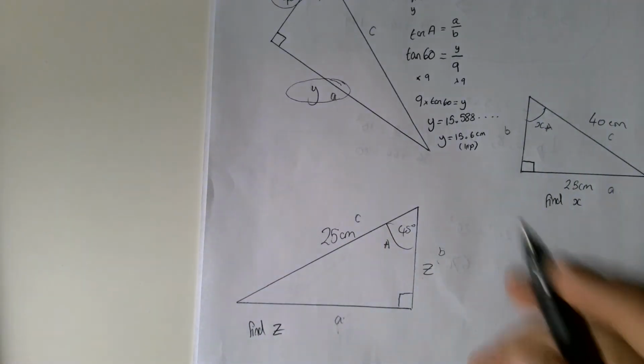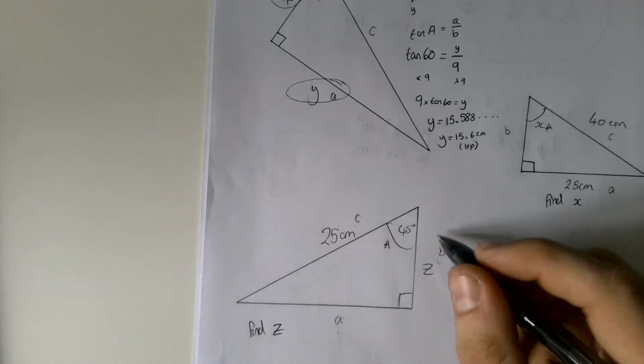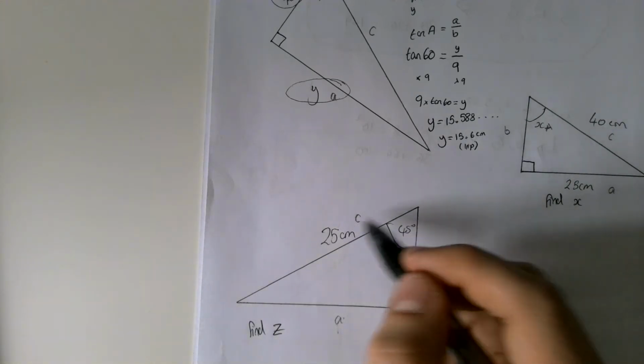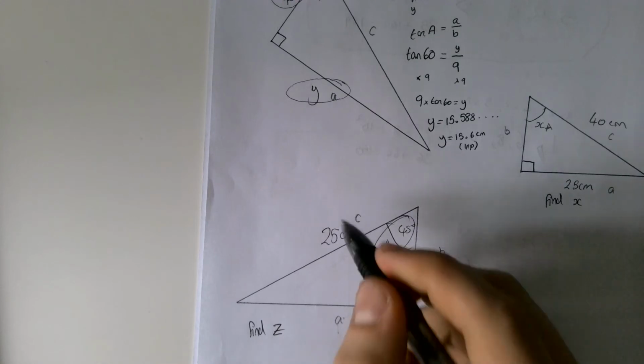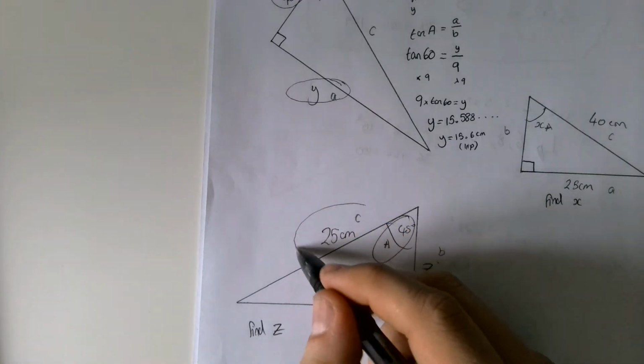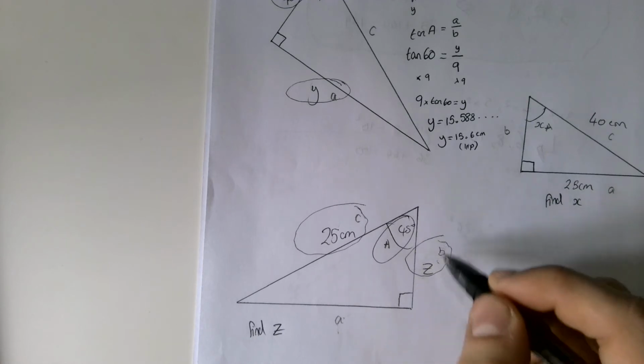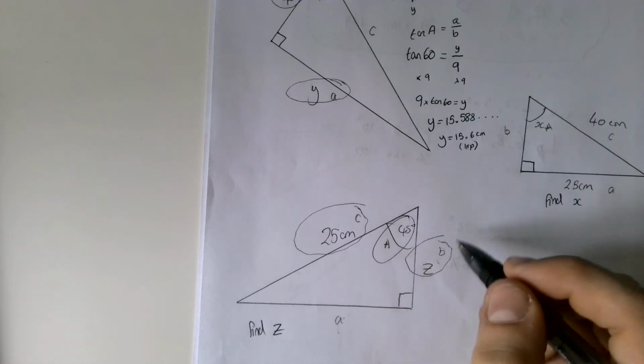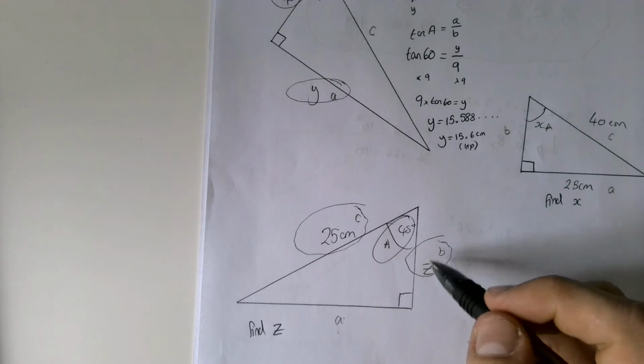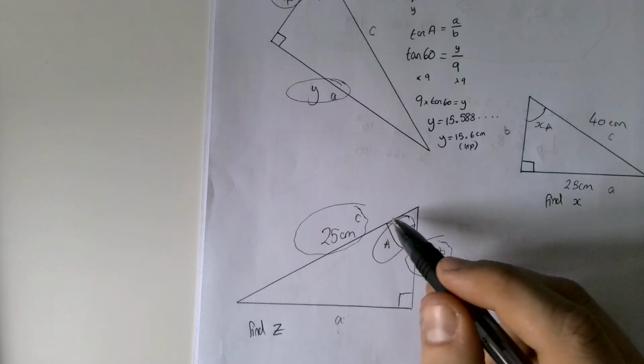So if I look here, I have been given my angle, I've been given C is 25, and I want Z, which is B.